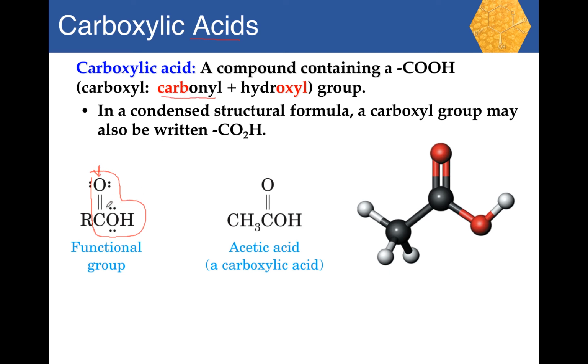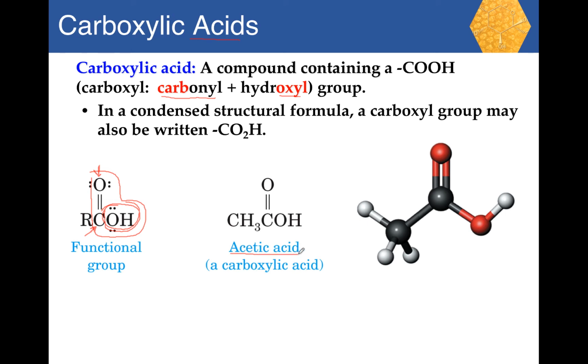But in this case, it's bonded to an OH group, hydroxyl group. So there's a direct bond from the OH group to the carbon of the carbon oxygen double bond. Here's a specific example, acetic acid.